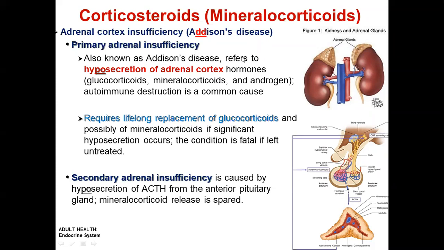So I said, if there is hyposecretion of the adrenal cortex, the patient develops Addison disease. If hypersecretion, just the opposite of this, we call it Cushing syndrome, right? And keep in mind, Cushing syndrome means too much steroid hormone from the adrenal cortex.